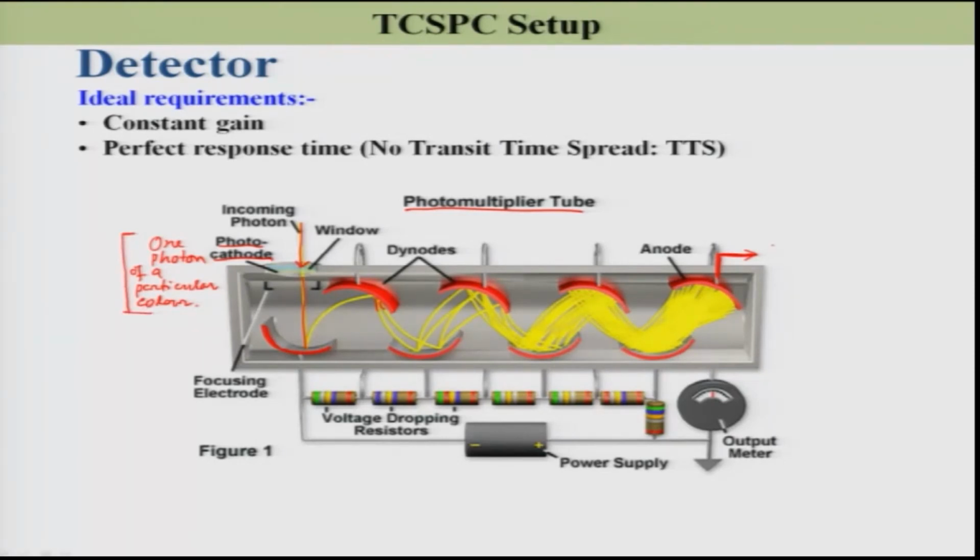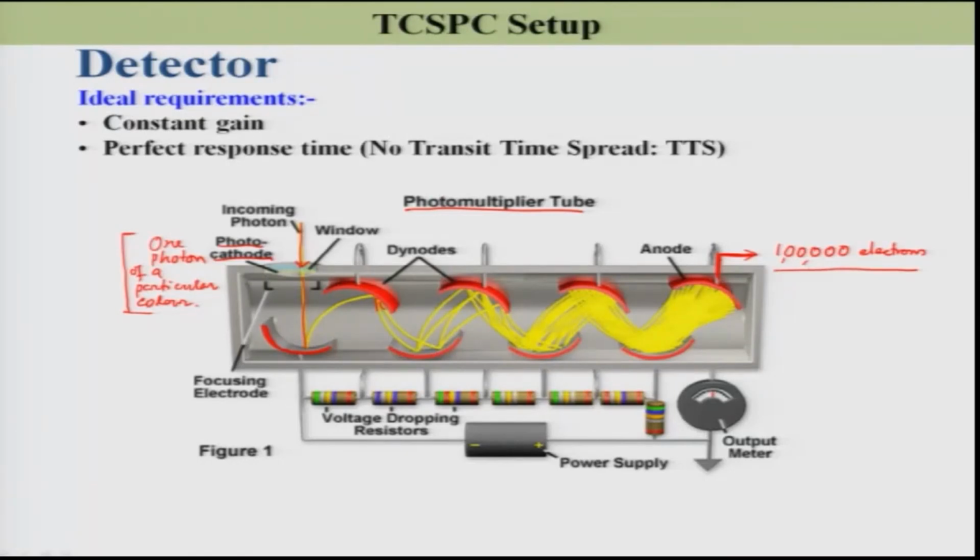Let us consider that I will get 100000 electrons coming out here. What is the guarantee that when the next photon of the same color falls on this cathode, exactly this number of electrons will be ejected? There is no guarantee.